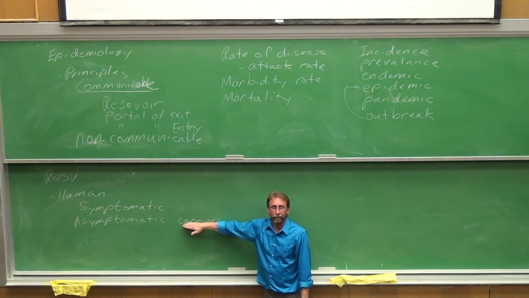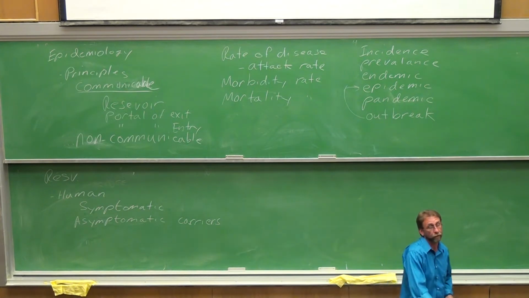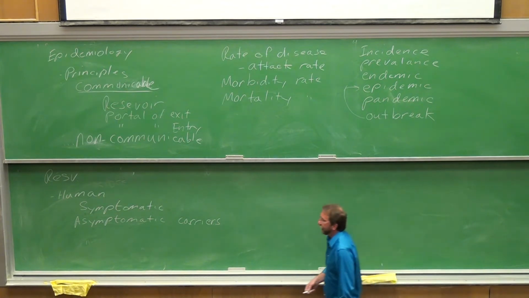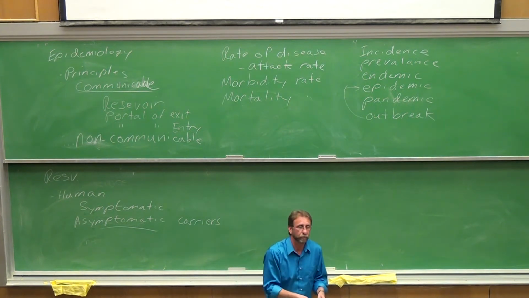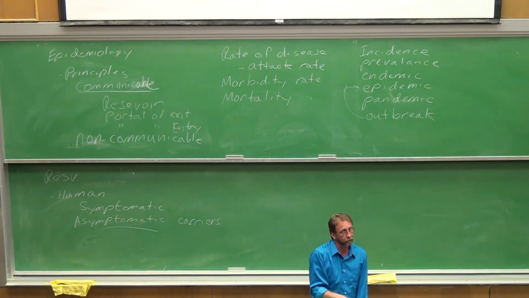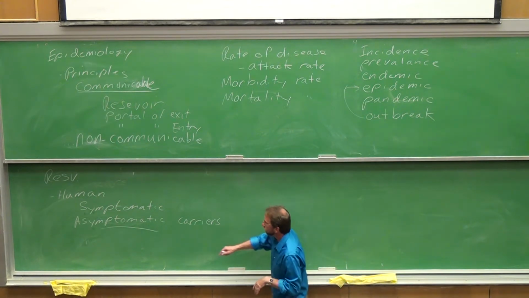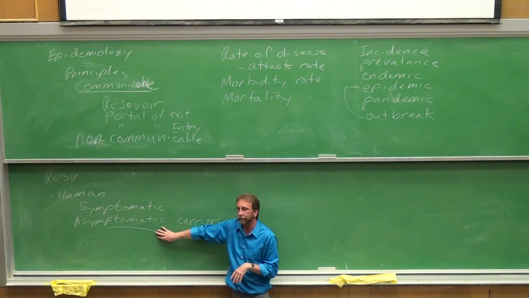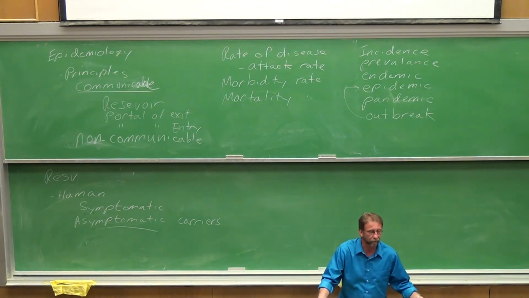This here is a major problem, the asymptomatic carriers, because we don't know they're sick. And this is one of the reasons why the HIV virus was able to spread so readily initially, because the young men that were becoming infected weren't necessarily showing any signs of illness for the first couple of years.